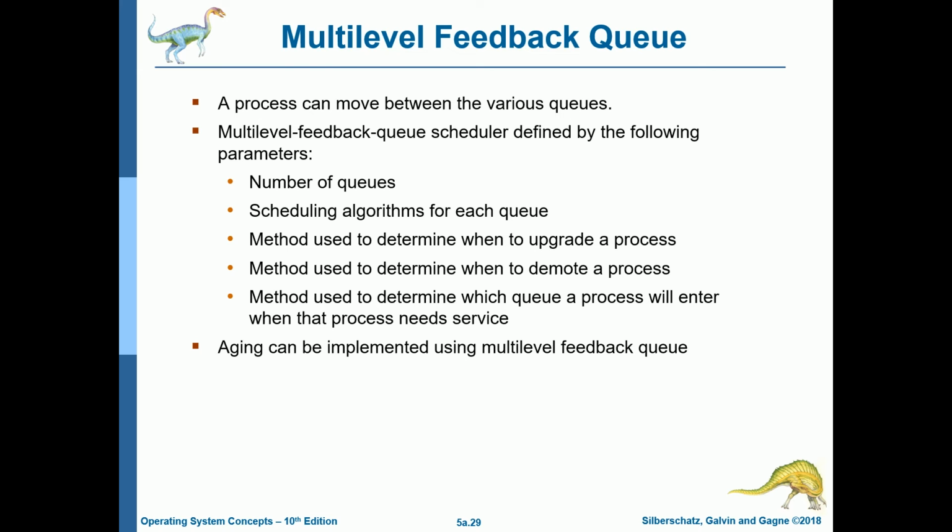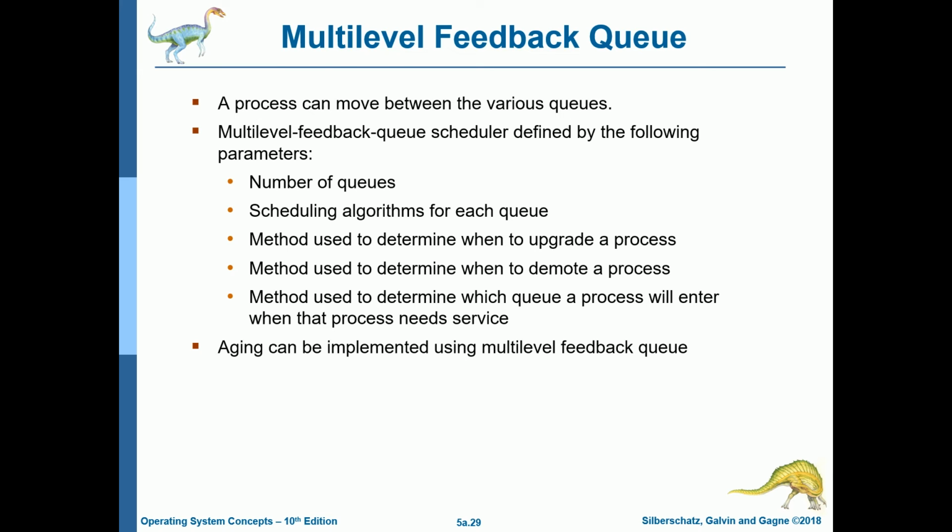Now in general, a multi-level feedback queue scheduler is defined by the following parameters: the number of queues, the scheduling algorithm for each queue, the method used to determine when to upgrade a process to a higher priority, the method used to determine when to demote a process to a lower priority, and the method used to determine which queue a process will enter when that process needs service.